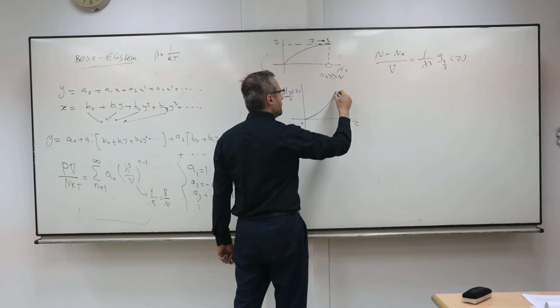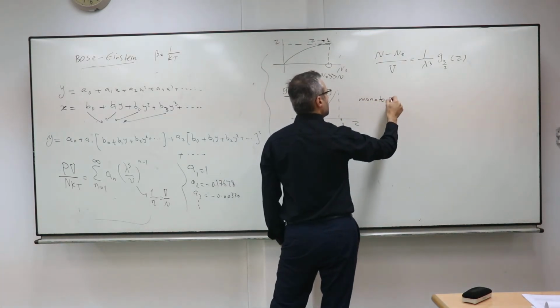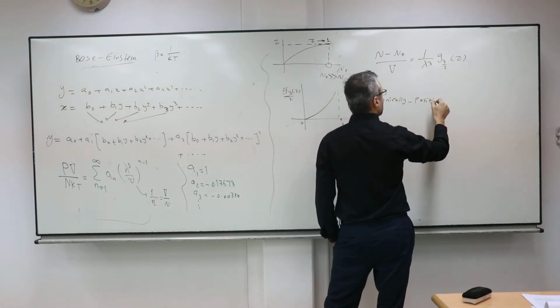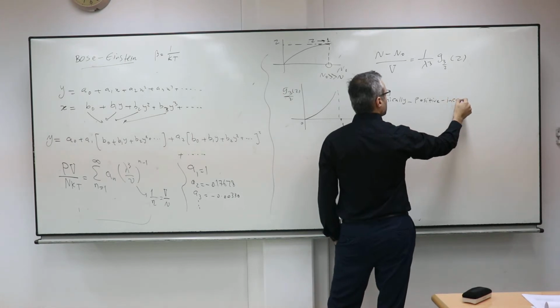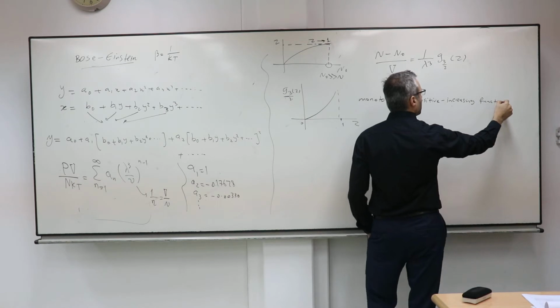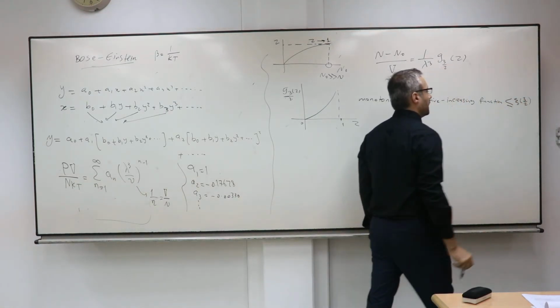This is a monotonically increasing positive function, and it always remains less than the Riemann zeta function at 3/2.